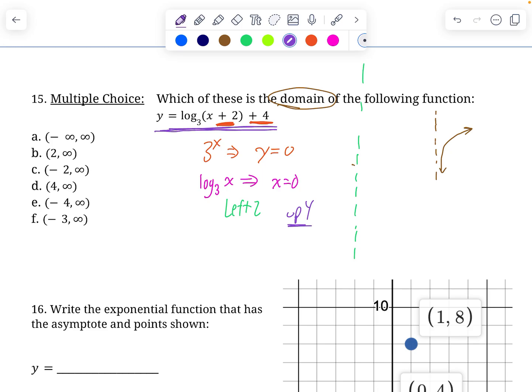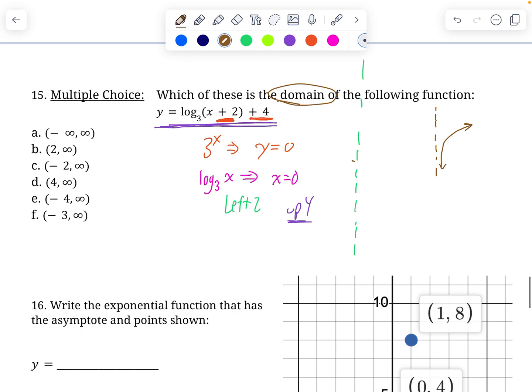It doesn't move it. It's just moving up and down. It's only the left 2 that actually impacts where that asymptote is. So the vertical asymptote ends up left 2, at -2. So that means the domain is going to be from -2 to infinity, because you figured out that the left edge of the graph, that vertical asymptote, is at -2.